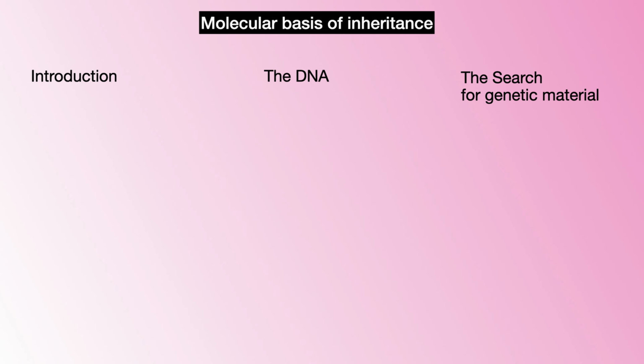Then also R strain is transformed to S strain. So it's not RNA. When it was treated with DNase, which destroys DNA, transformation was not seen. Again, they concluded genetic material was DNA.